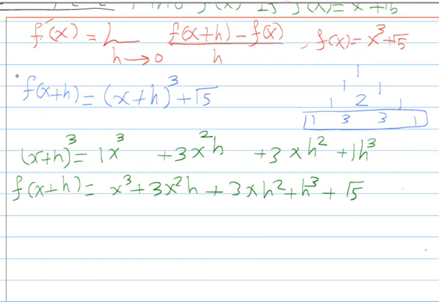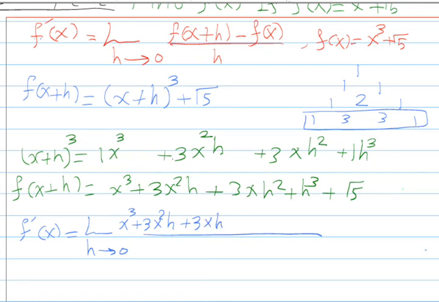F prime of x equals the limit as h approaches 0 of f of x plus h, which is x cubed plus 3 x squared h plus 3 x h squared plus h cubed plus radical 5, minus f of x.